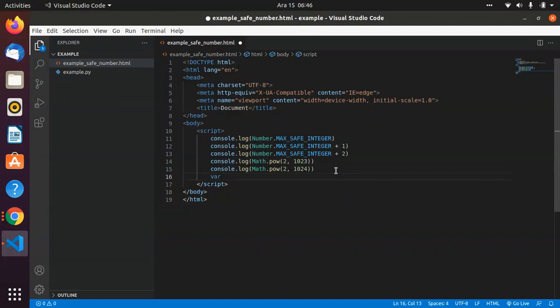Anyway, we're saying var result. We can say 0.1 plus 0.1 plus 0.1, and say console.log and just put result there. Okay, let's save it. Let's go live.